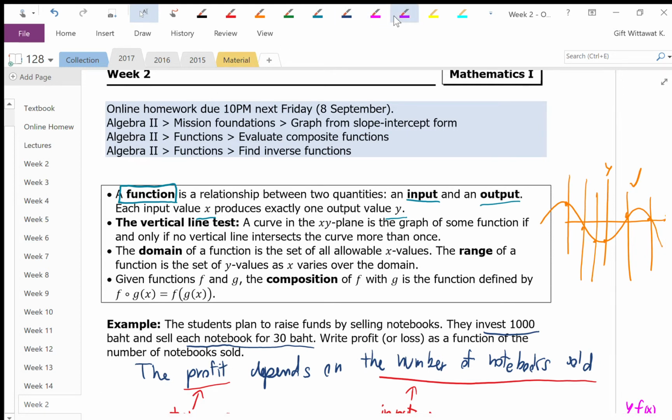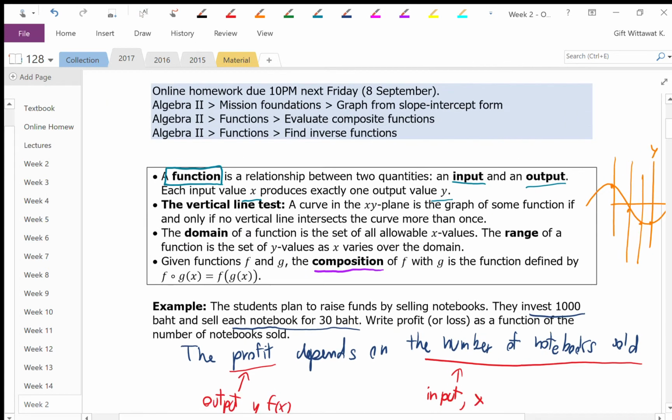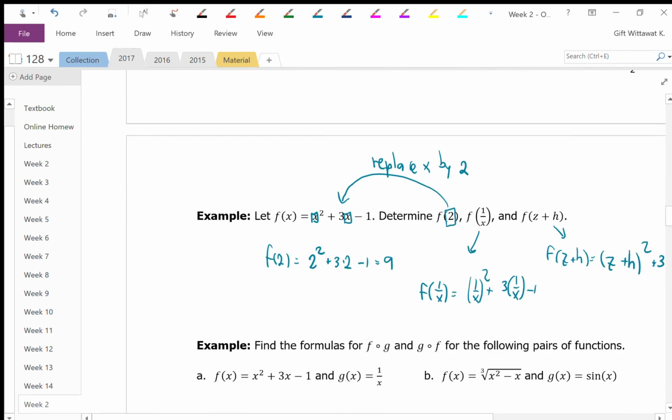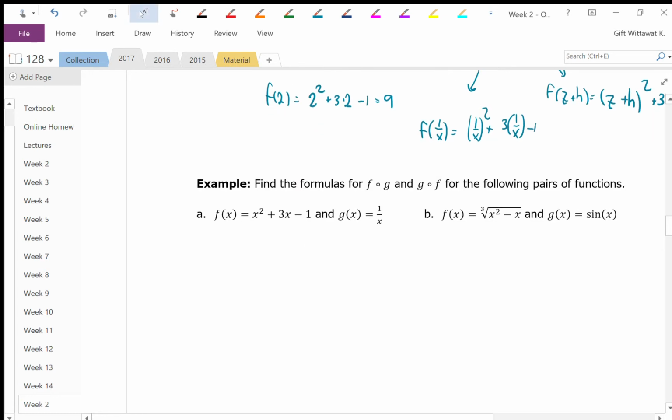However, functions also have another operation that numbers don't have, which is that you can compose two functions. You can find the composition of f and g, and the notation for that is a little circle. I'm just going to read this as f circle g. It just means f of g of x. So let me look at the example.